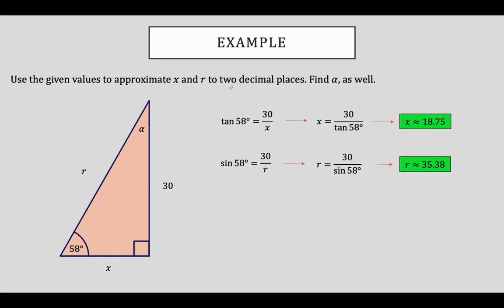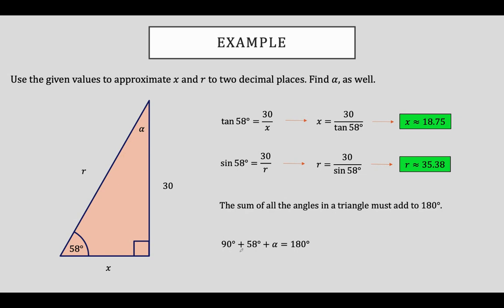Okay, so there we have x and r, and finally we must solve for alpha, this angle up in the top corner. Hopefully you recall from your geometry classes, the sum of all angles in a triangle must add to 180 degrees. Therefore, 90 degrees, that's our right angle, plus 58 degrees plus alpha must equal 180 degrees.